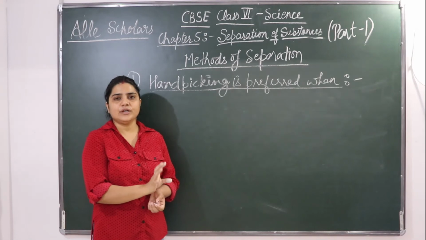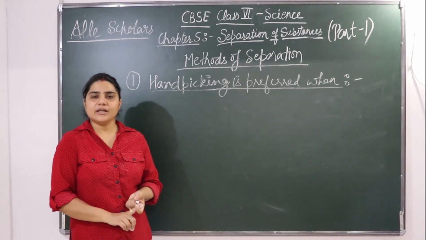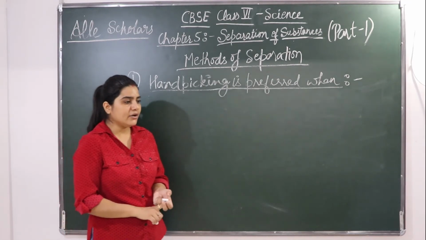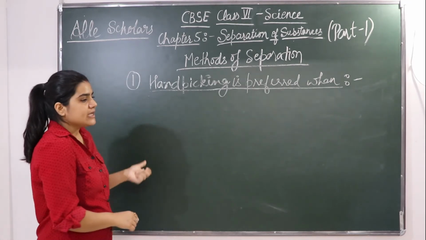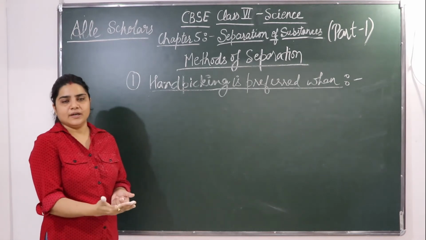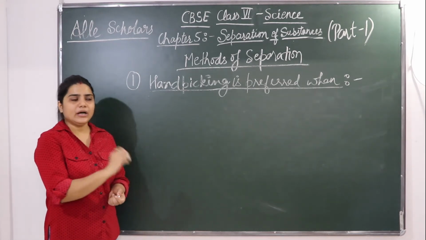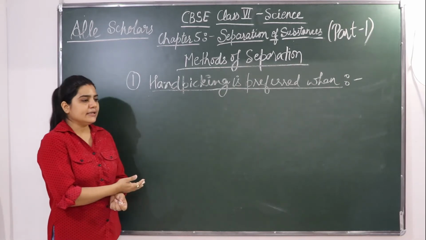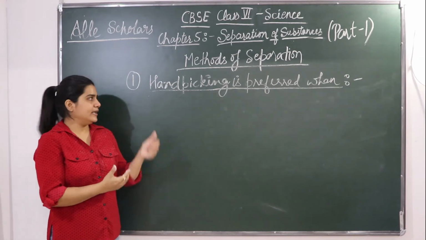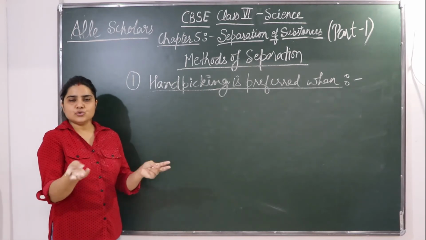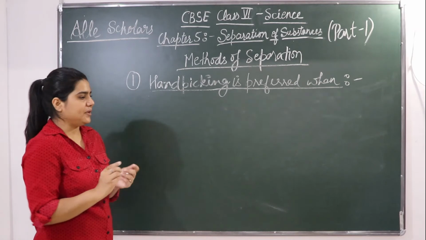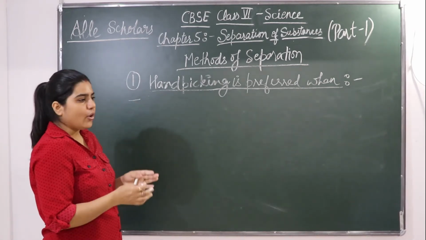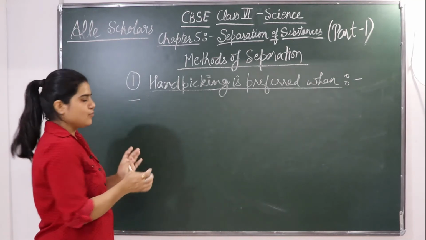Means the unwanted substance जो है वो smaller quantity में है. So hand picking is first thing है कि quantity of a substance is small.